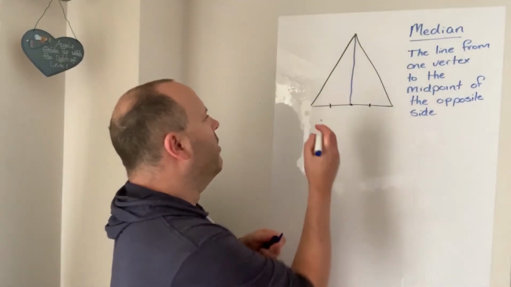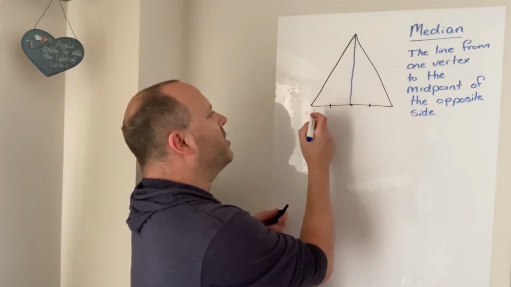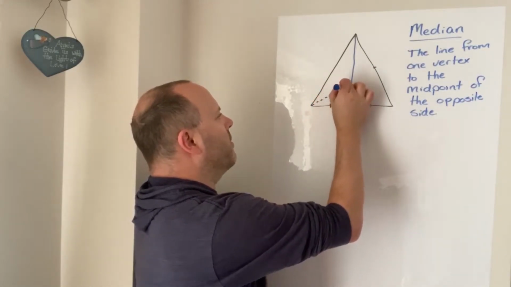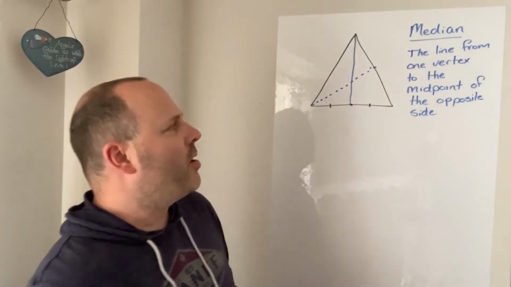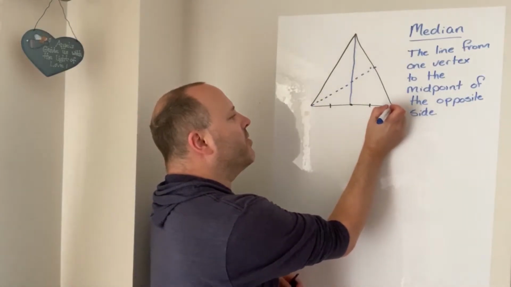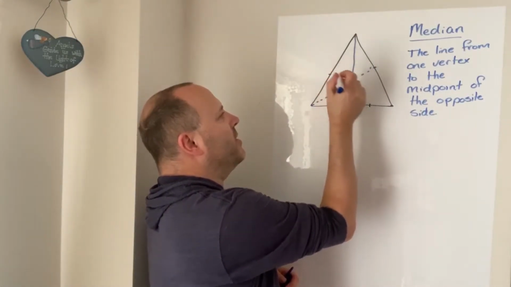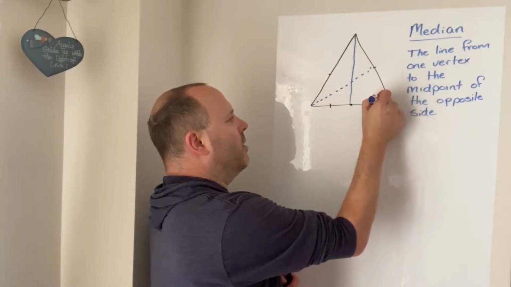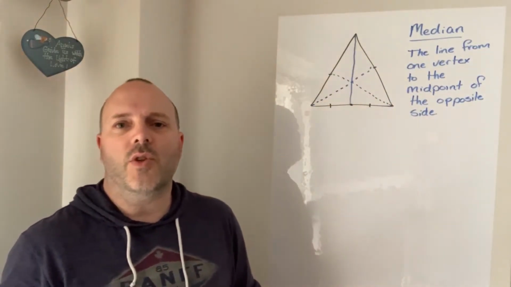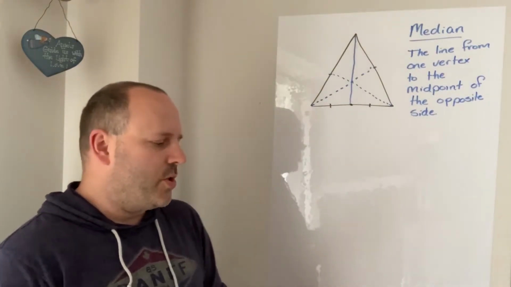One would be from this vertex to the midpoint of that side, so about there. And another median would be from this vertex to the midpoint of that side, so about there. Those are the three possible medians for the triangle.